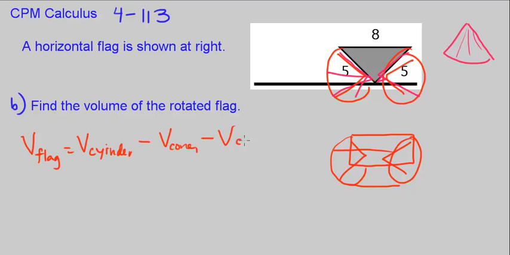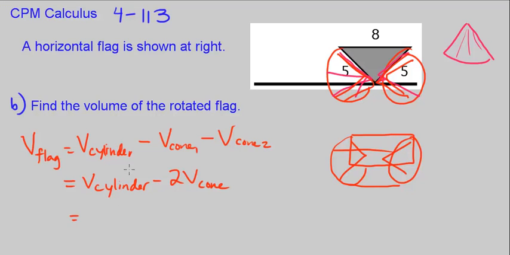So cone 1 and cone 2. And luckily for us, these cones have the same dimensions on both sides. So that's the same thing as removing 2 times the cone. Cylinder minus 2 times the volume of just one of the cones, because they're the same.